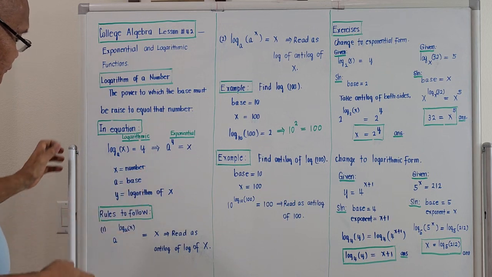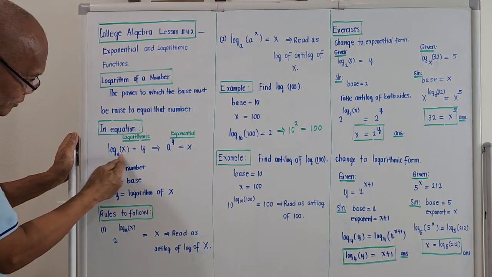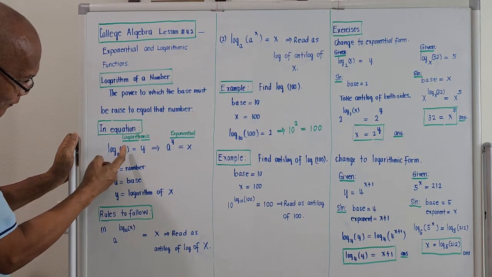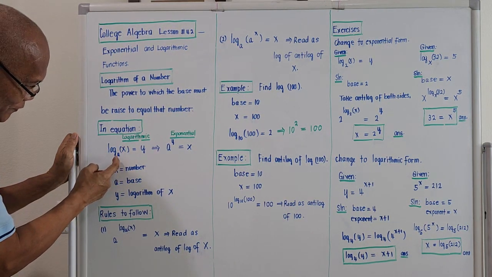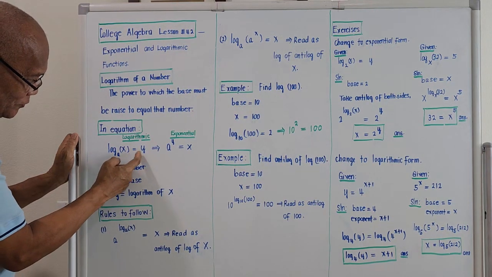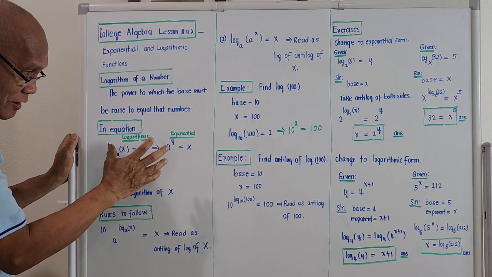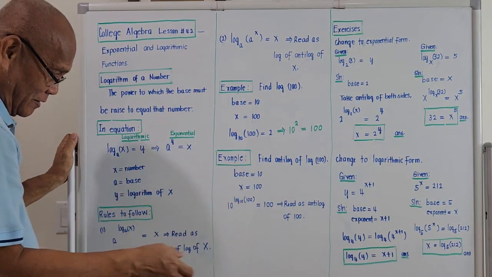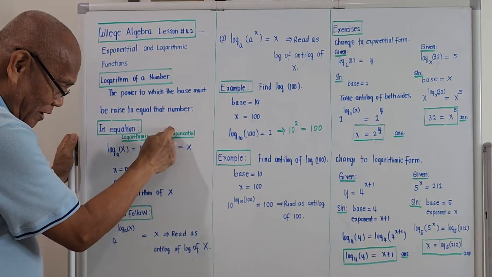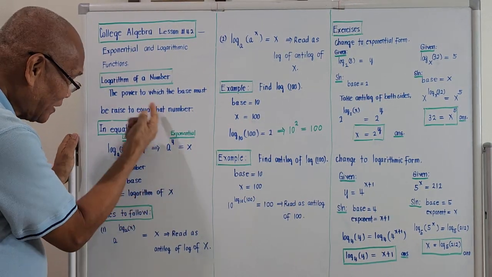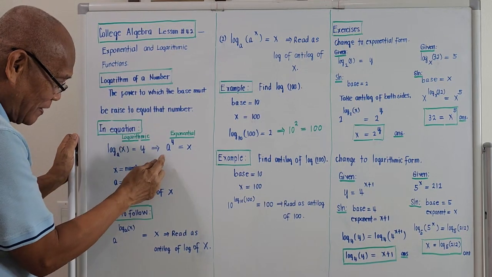In this one here, the proper way to read it is: the logarithm of x with the base of a, meaning the base of the logarithm, should be equal to y. The equivalent under the so-called exponential form is a to the y equals x, because this is actually the definition of the logarithm.